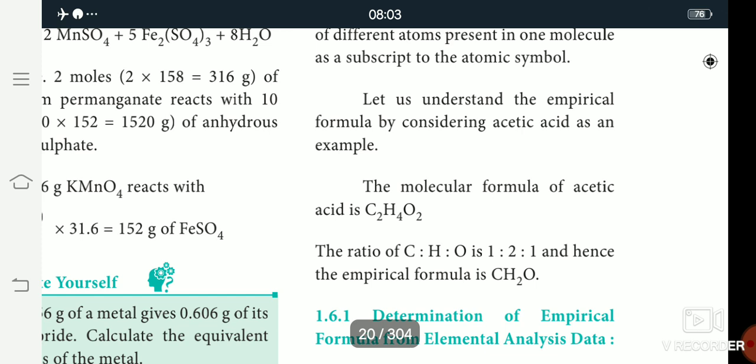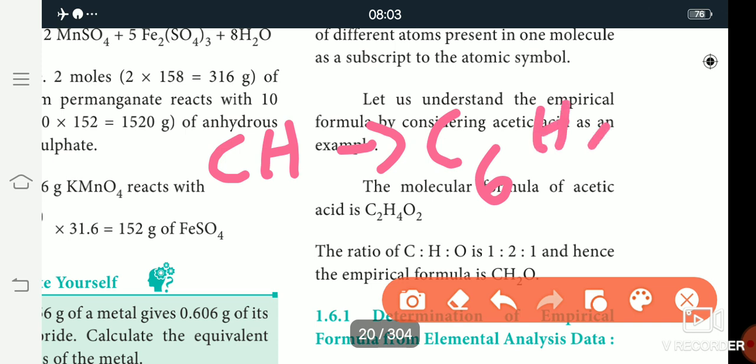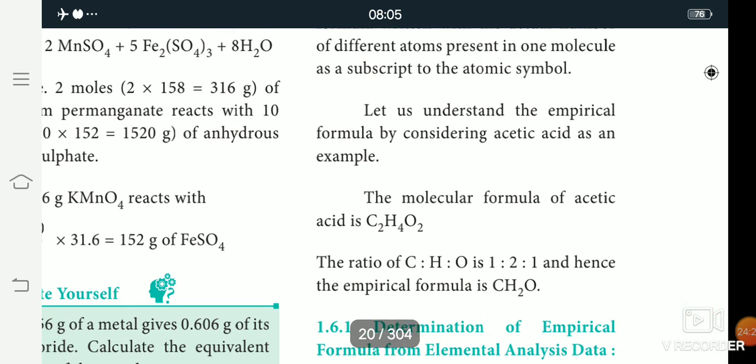The benzene formula is C6H6. Then another example is acetic acid.